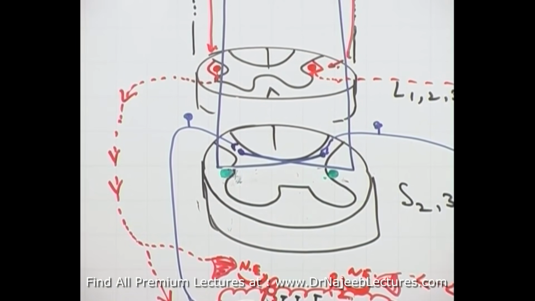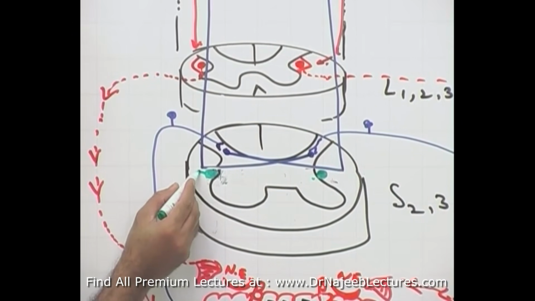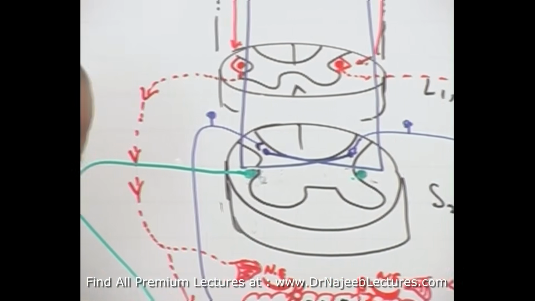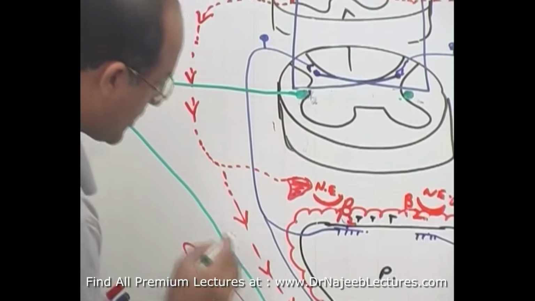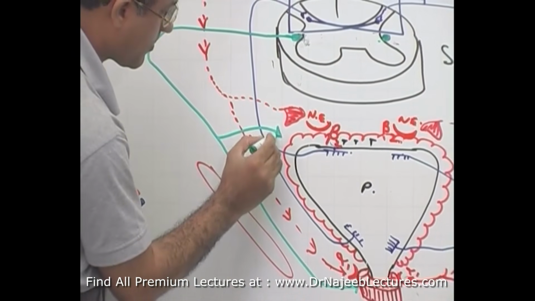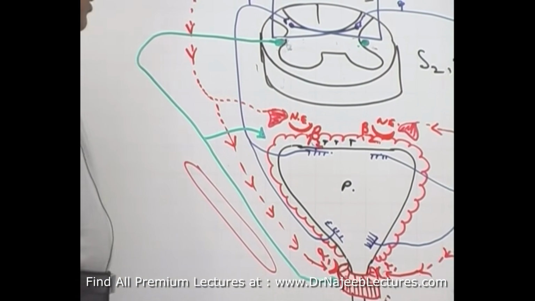From here, which fiber will come out? Parasympathetic. The parasympathetic fibers which come out have to go to the detrusor as well as to the internal sphincter.